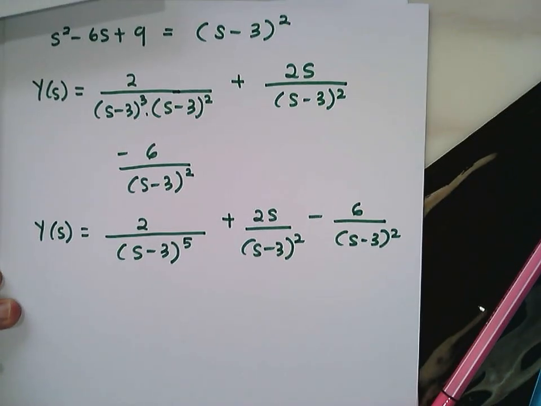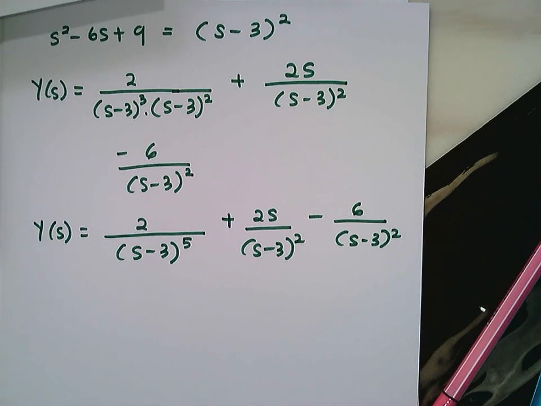Take a look at your Ys now. Do you really need to do partial fraction? If you want to proceed with the partial fraction, then you are in trouble. Why? Because you have 5 here, repeated linear with power 5.